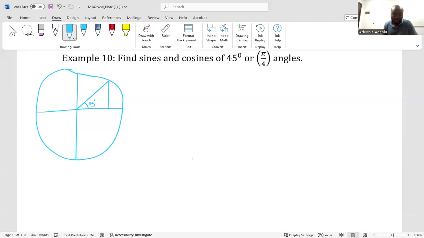And now this is 90 degrees. This angle is 45 degrees. The sum of angles in a triangle is 180 degrees. With that, remember the radius of a unit circle is 1. Now I have a triangle behaving this way.